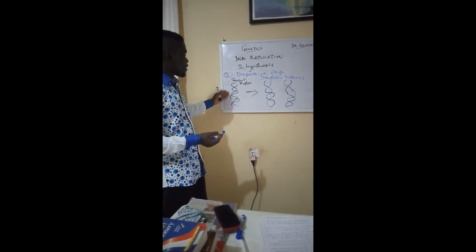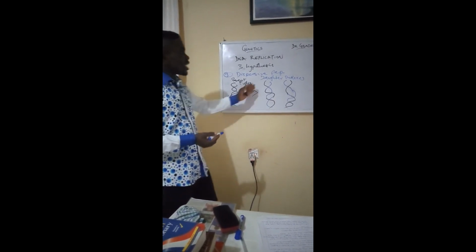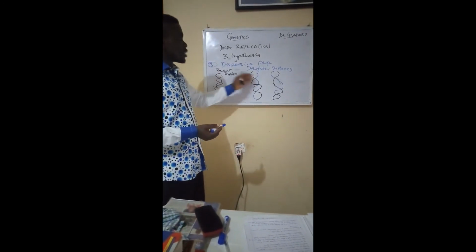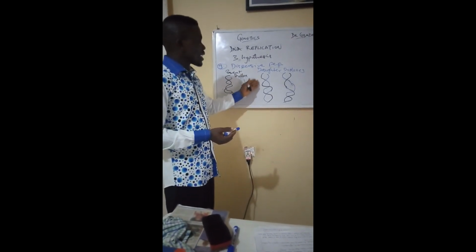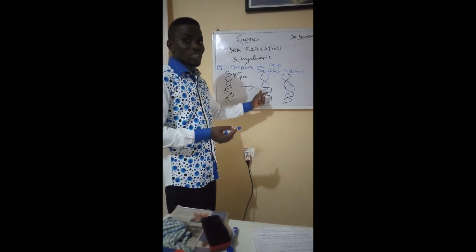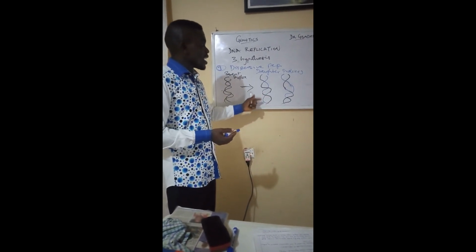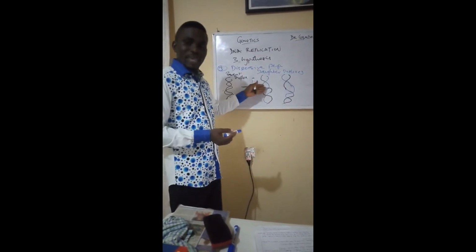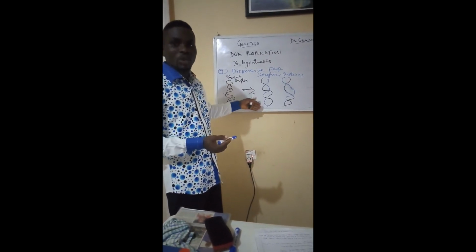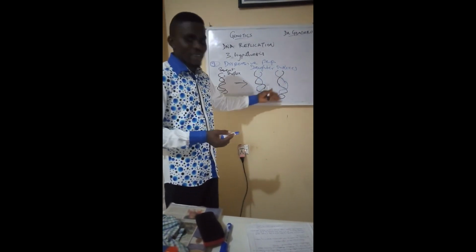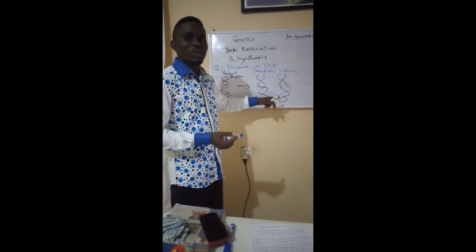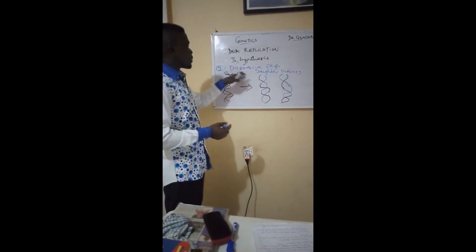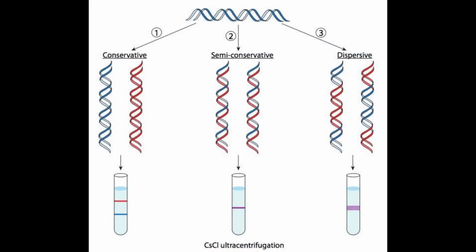You see, this is the parent duplex represented with black. Now look at the daughter duplexes. Each of them contains segments of the parent, which is the black strand, and segments of newly synthesized nucleotides. That is what dispersive is trying to explain.